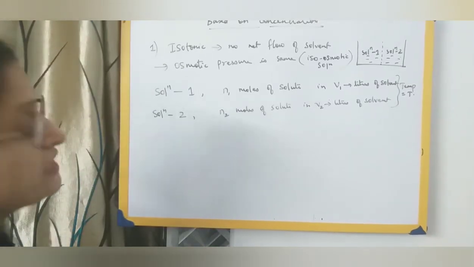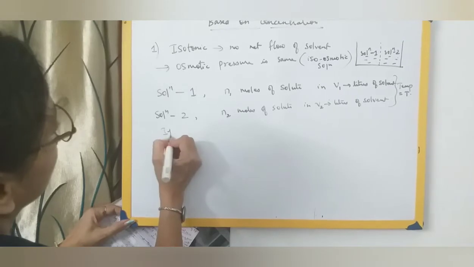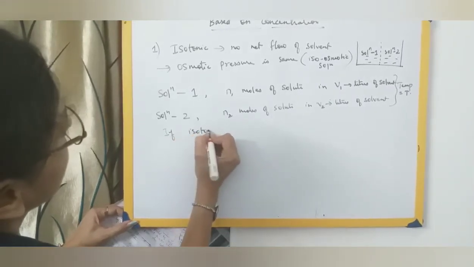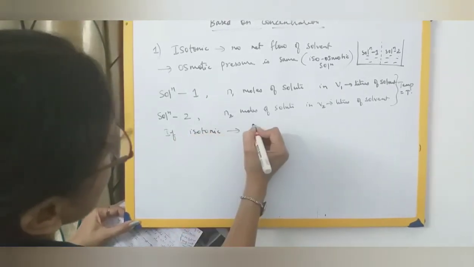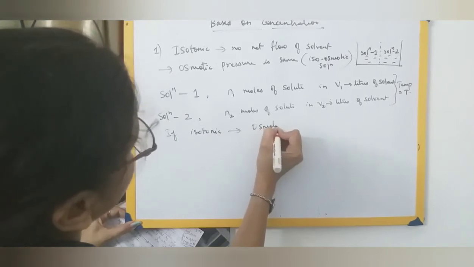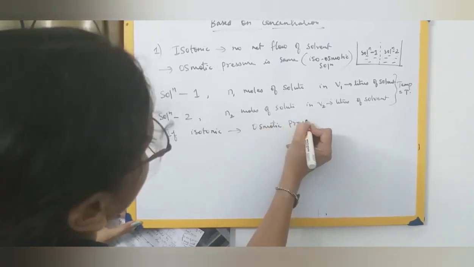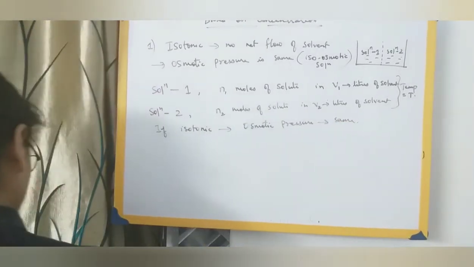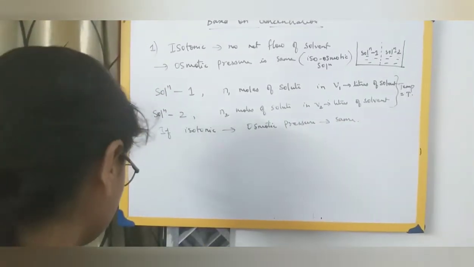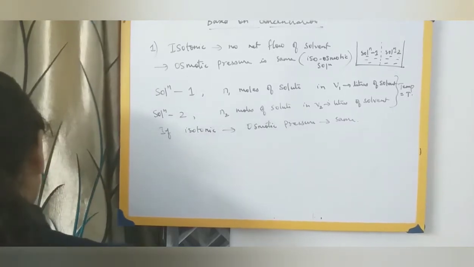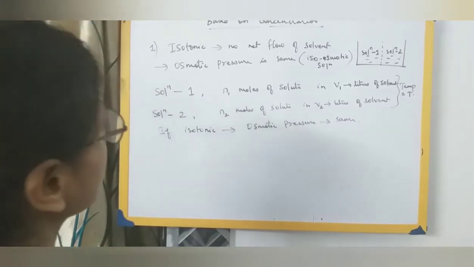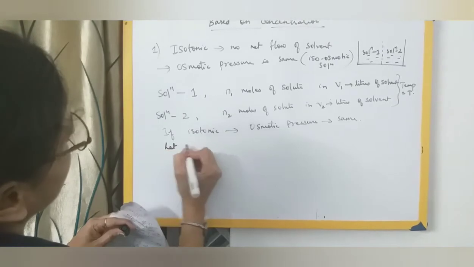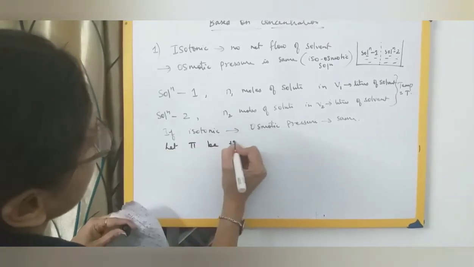They will be having the same osmotic pressure. If isotonic, osmotic pressure is going to be same. Let pi be the osmotic pressure.